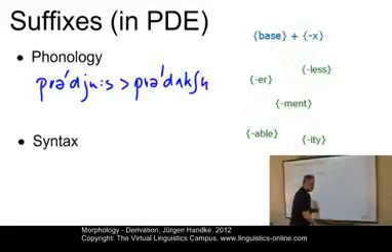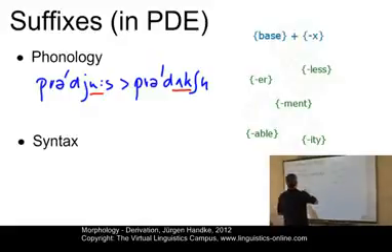Produce, production. Now, here we have a change from u to ak, so a vocalic plus a consonantal change. On the other hand, we have suffixes that are phonologically neutral.